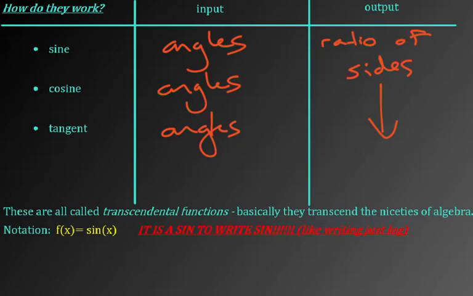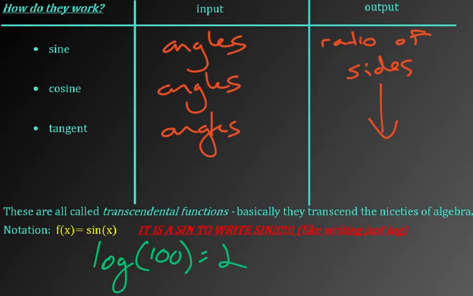So the notation for this too is that we do always write sine, cosine, or tangent operating on the angle. So it is a sin to write sin, is what I always like to tell students. It's kind of like writing log without anything. If you just write log and that's it, it means nothing. But as soon as I do log of 100, then it's going to equal 2, right?